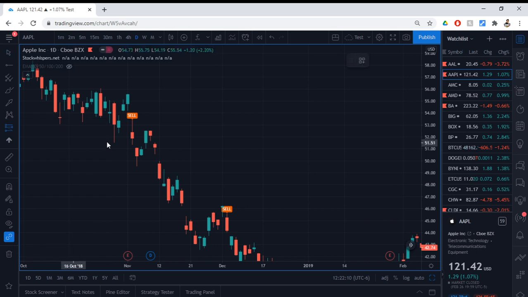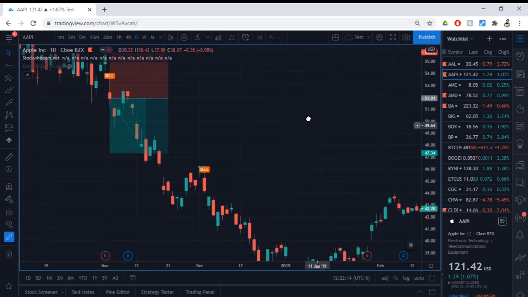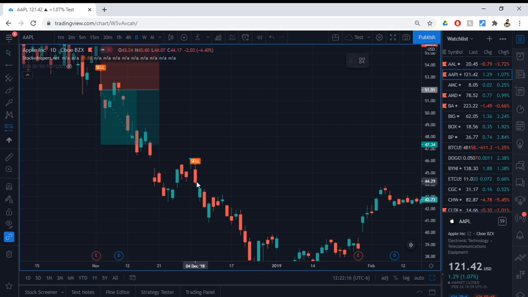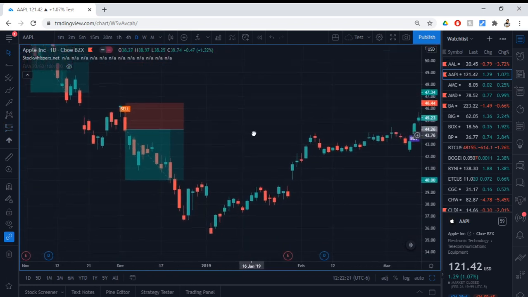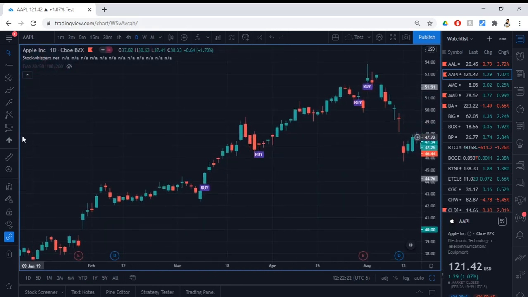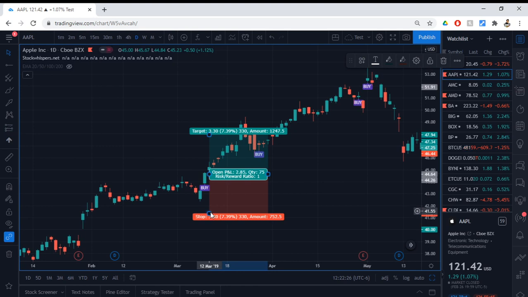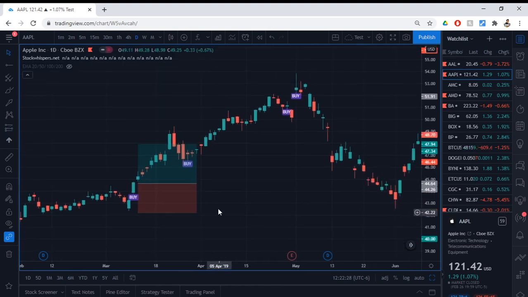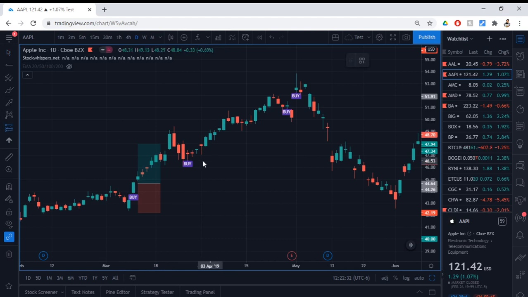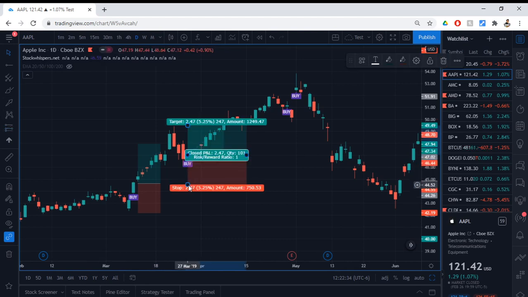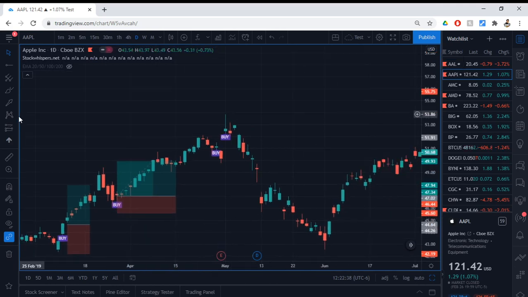Go here. Short position, stop loss there, right? Short position, stop loss there. This is a pretend trade, but actually do this on your chart to see what happens. This is the best thing that you can do to see if what you're doing works.